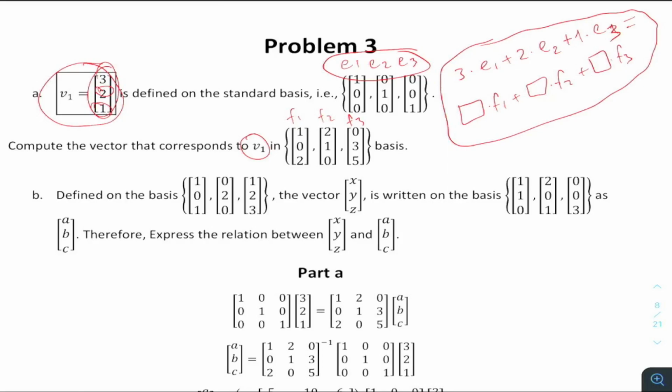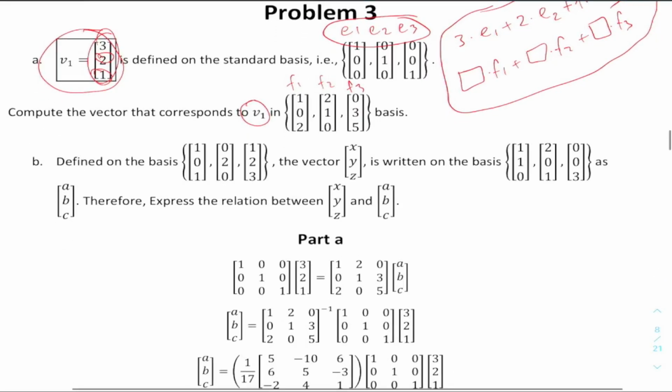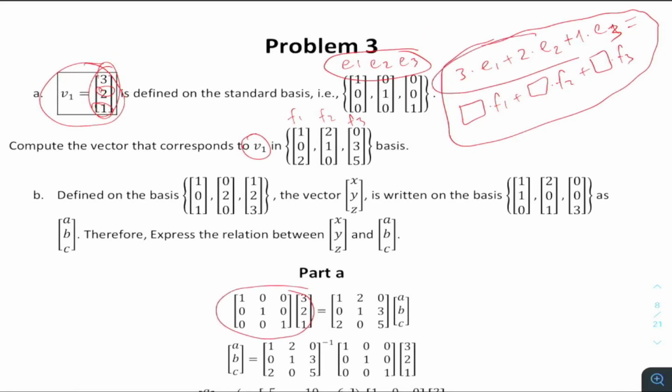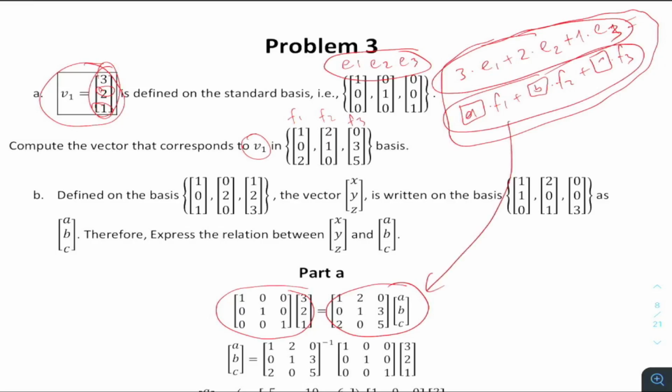And let's check this. There's part B, but let's not focus on that part B. Let's focus on part A right now. And here, this is how you would write this geometric object, and this is how you would write this geometric object, and I called them A, B, and C. Okay, that's great.